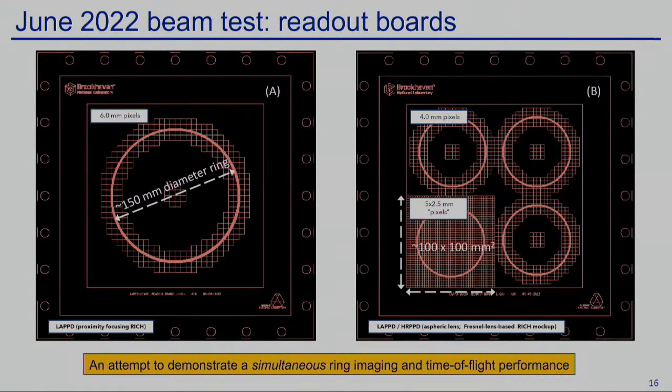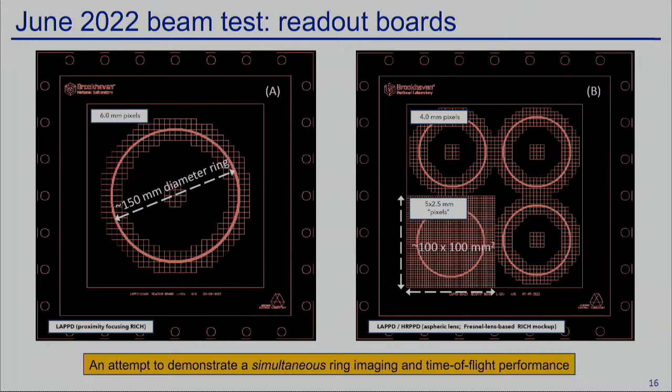This is almost the last slide. These are the readout boards which we are going to use. And back to one of the questions which was asked before: the pixelation is such that there will be a group of pixels in the middle of the circular pattern to see the direct photons produced in this UV quartz.